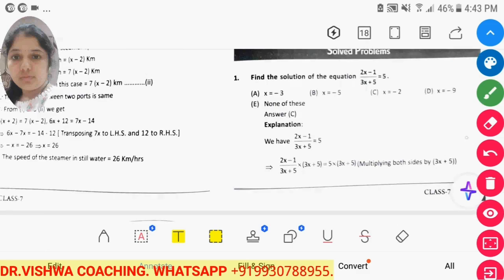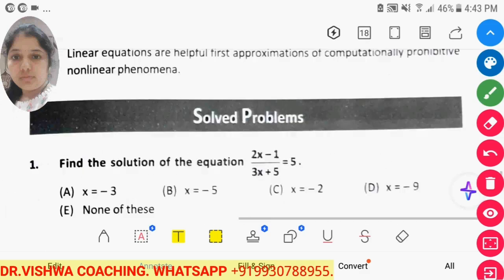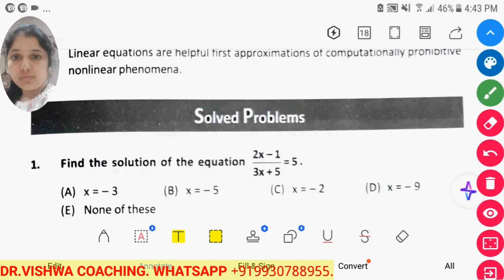Now see, find the solution of the equation (2x minus 1) upon (3x plus 5) is equal to 5. In this equation we have to find the value of variable x, that is the solution of the problem. Now (2x minus 1) upon (3x plus 5) is the left hand side and 5 is the right hand side.